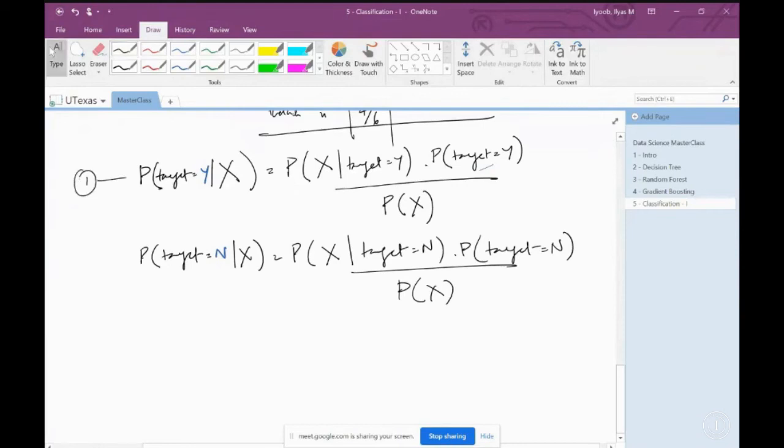So now we have this one equation and this second equation, right? If we have been able to calculate each one of these, we know that both of these are divided by the same value, the probability of x, which we don't have.